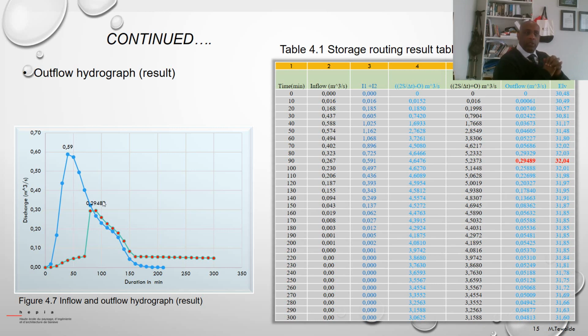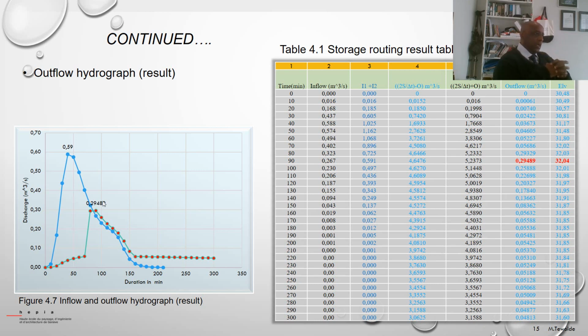We don't need any change in the weir length or 50 meter and so on. We just simply adopt it as the correct design of the basin. If there is anything to change, we need to change the size of the weir or the orifice.